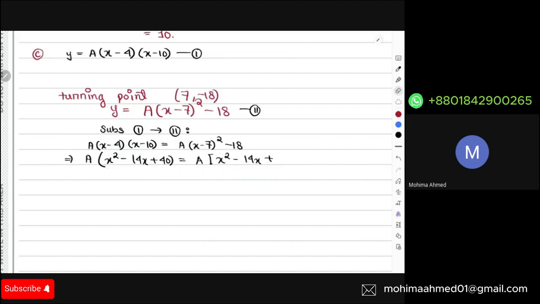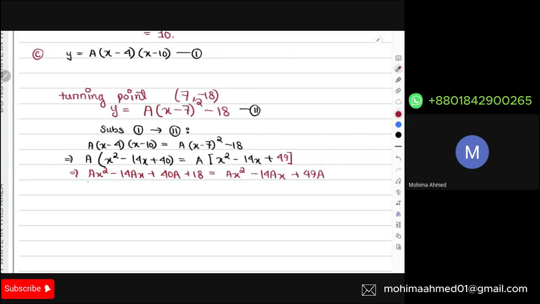Over here, you end up getting ax square minus 14ax plus 40a, and minus 18 or plus 18. I'm going to take that to the other side, leaving 49a. This leaves you with ax square minus 14ax plus 49a.